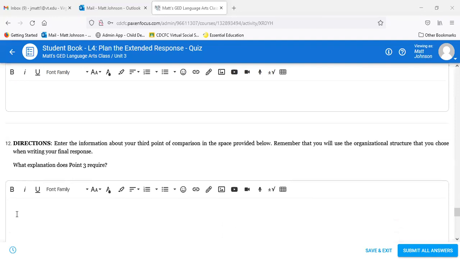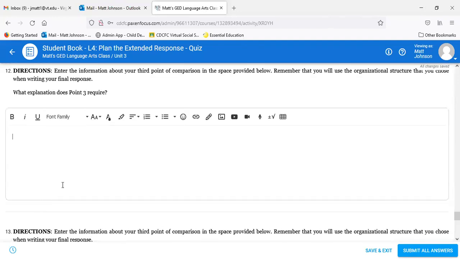And then it says, what kind of explanation does point 3 require? So for tone, we're discussing, we'll say, their word choice and writing style helps persuade the reader.